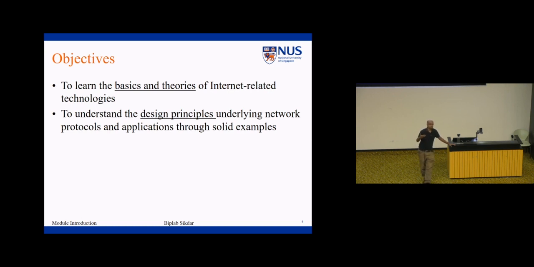So the whole goal is that ultimately, if someday you have to design your own protocol or improve something, you know what the fundamental principles are. Of course, you can always read the standards and get the exact details of any existing protocol. That's not really the goal. We are trying to teach you why a particular protocol was designed in the way it was, what drove us to do it that way.